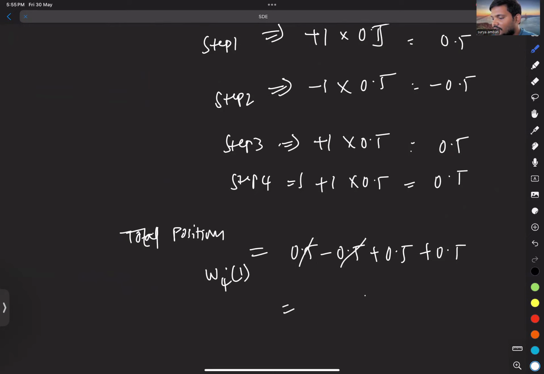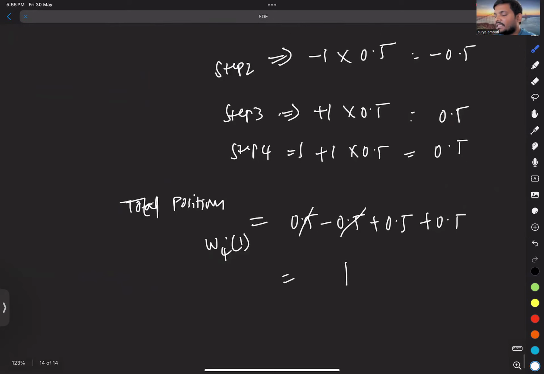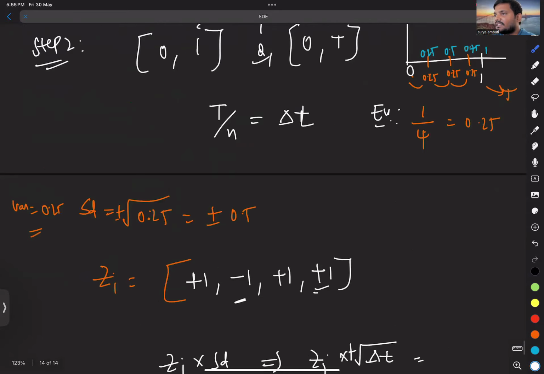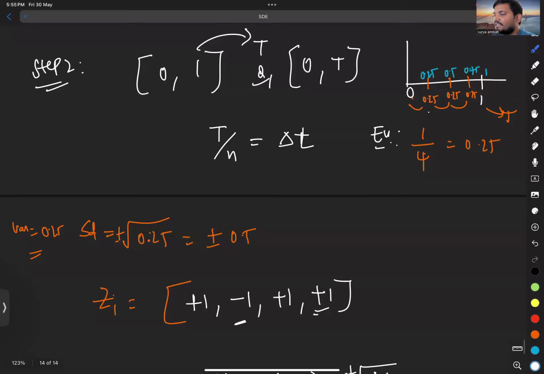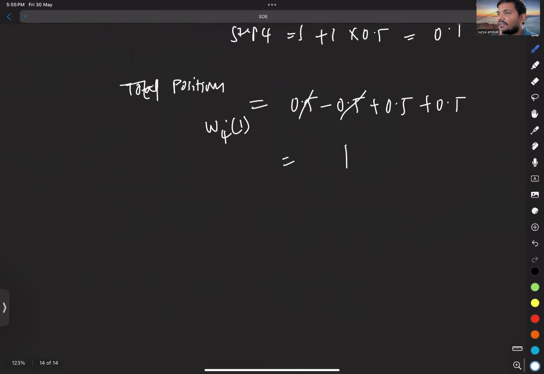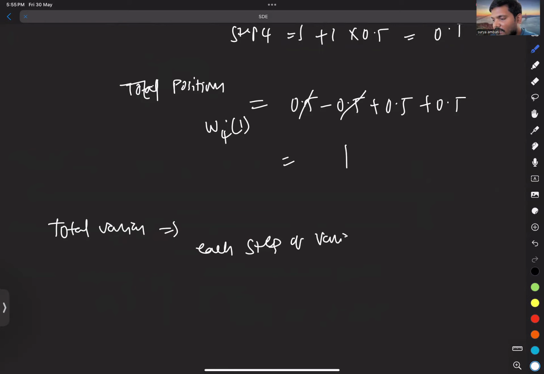These two cancel out, so after 4 steps he reaches 1. And we already discussed that the variance of each step is 0.25. If we want to know the total variance, it is the variance of each step times the number of steps he took.